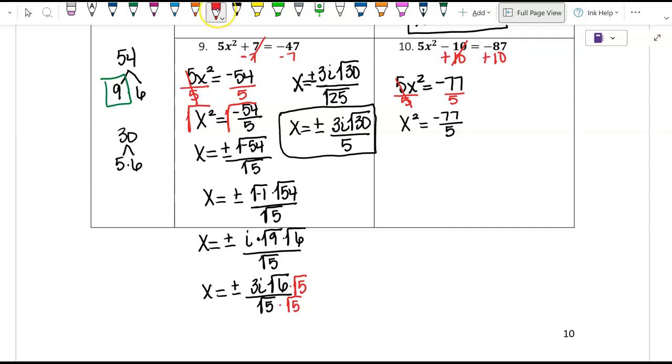Again, once I get that x squared term by itself, I can take the square root of both sides. So x equals plus or minus the square root of negative 77 divided by the square root of 5.